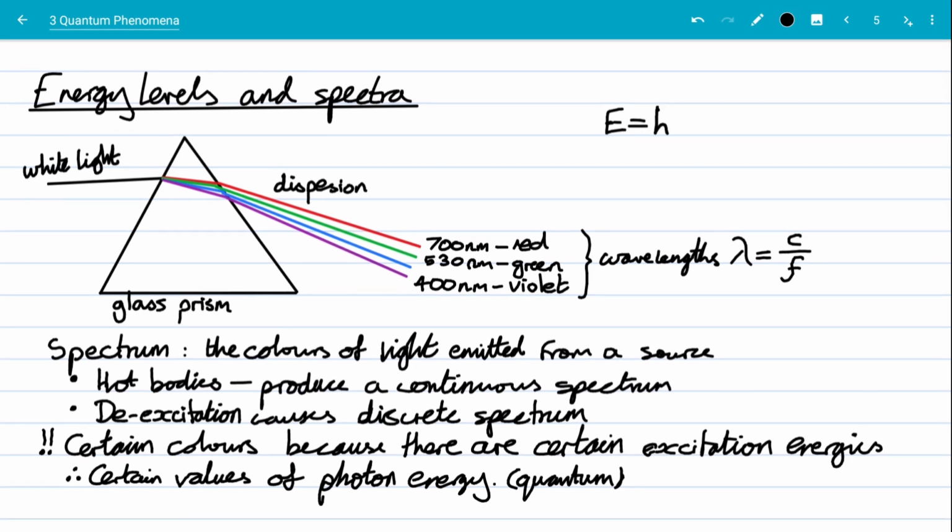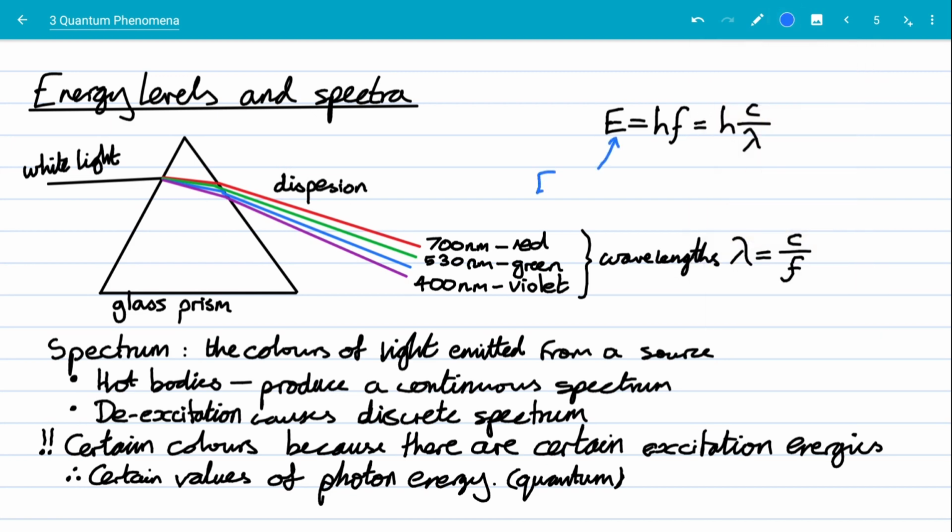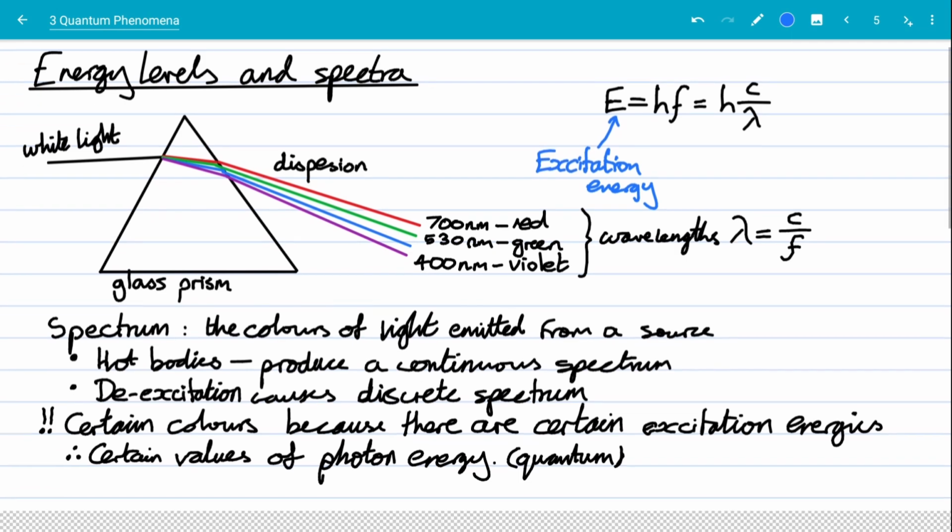E is equal to hf, and therefore is equal to hc over lambda. So it all ties together, where E is the excitation energy, or the de-excitation energy. Because there are different excitation energies that are possible, and h and c are constant, there are different wavelengths that are possible. So we want to produce a line spectrum. That's what we can call an array of different lines, a line spectrum.